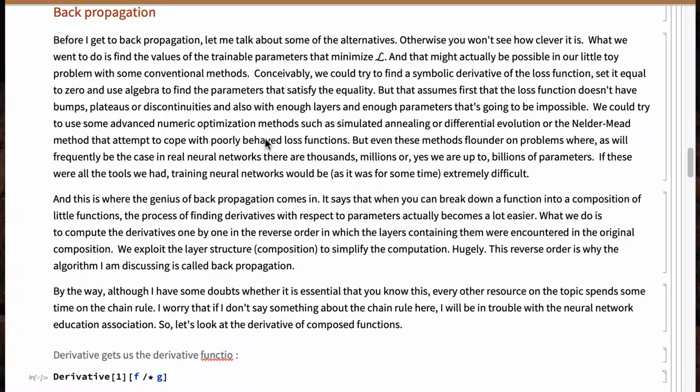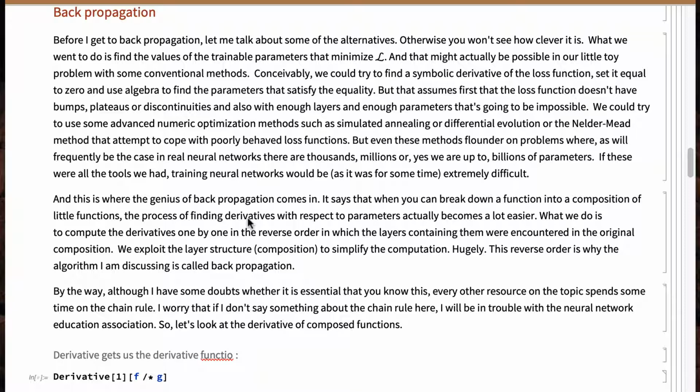And so, if those were all the tools we had, training neural networks would be, as it was for some time, extremely difficult, which is why neural networks went through this sort of dormant period where original high hopes for them were kind of dashed, only to be revived in recent years when the genius of backpropagation became clearer.